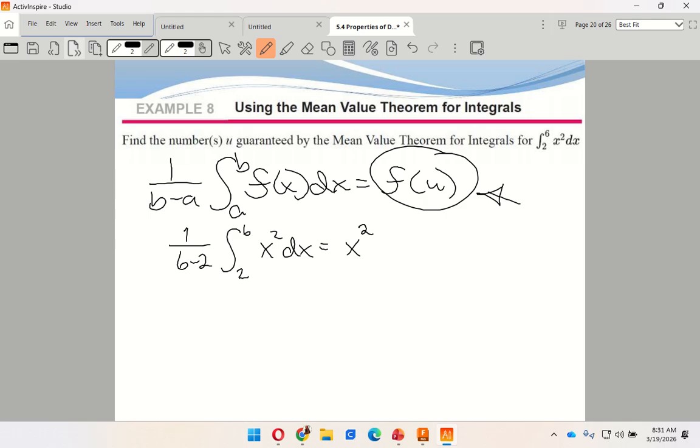Wait, so we're solving for u or we're solving for f of u? First, f of u, right? F of u is going to give me some y value at that u, right? So it's basically some y value at whatever variable I have in there. But then why would you replace it with the x squared?